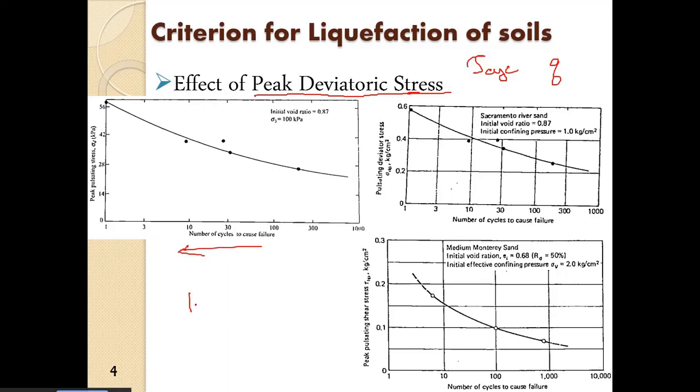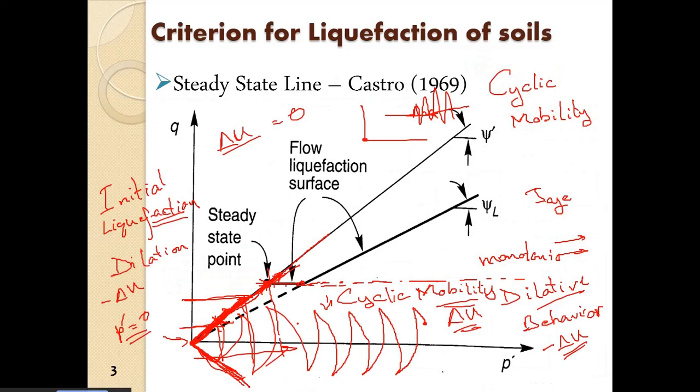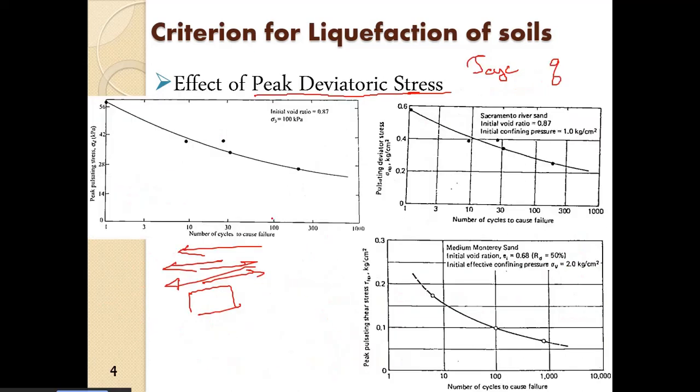So if the sample is sheared, it is given a huge amount of shear, and this is changing its direction. As we have discussed in this case here, right, we see that the number of cycles required to cause liquefaction reduces, all right, as the pulsating stress increases.